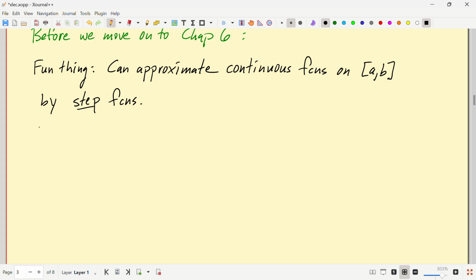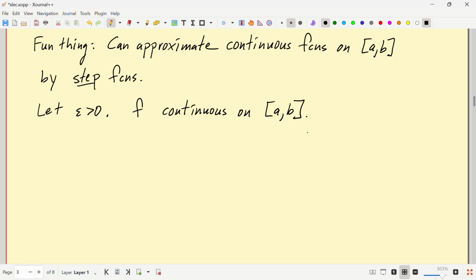So let epsilon be bigger than 0 and f be continuous on a closed interval [a, b]. Then one of the big things from last week was we know that f is uniformly continuous there, on a closed interval at least. And this is where uniform continuity gets to be really important.